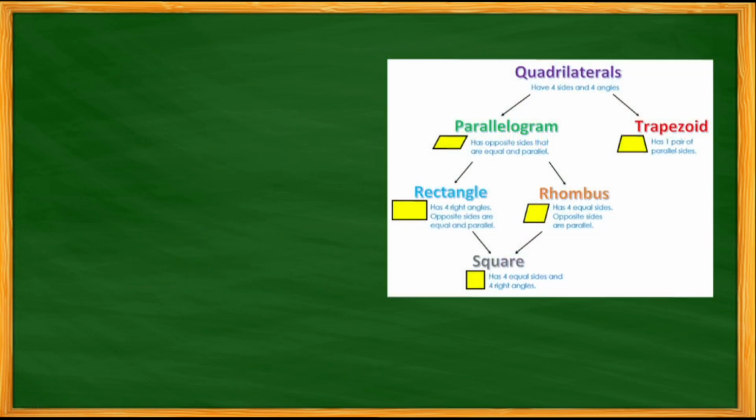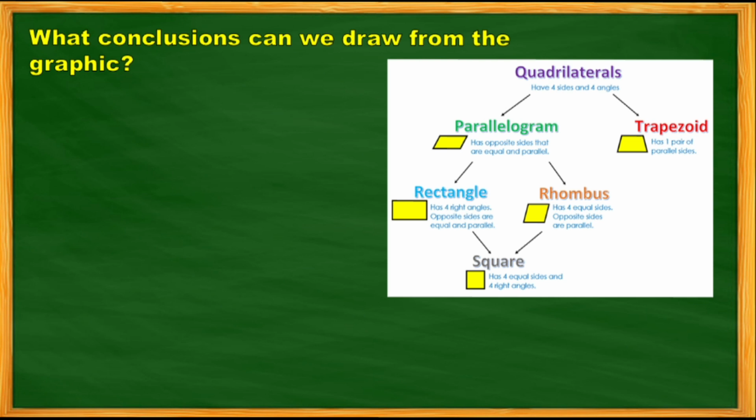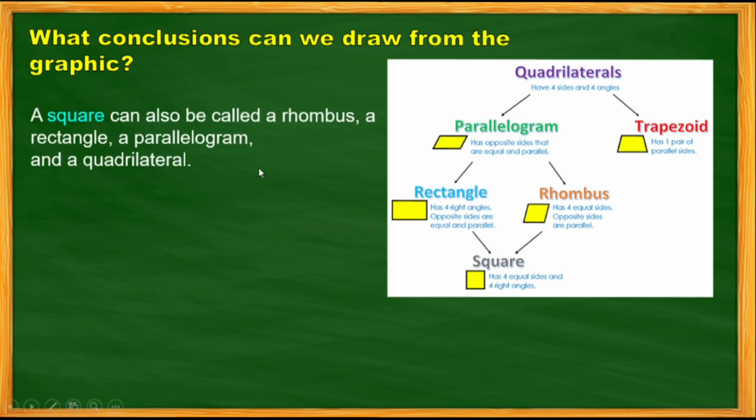So, this would be the diagram again. What conclusion can we draw from the graphics? First, a square can also be called a rhombus, a rectangle, a parallelogram, and a quadrilateral.